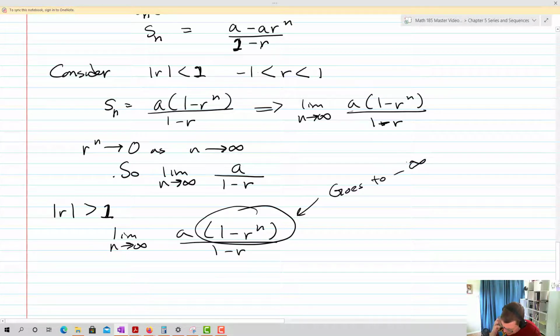So the part on the top is going to go to negative infinity, okay? Part on the bottom is going to be negative as well. So this is actually going to end up being equal to infinity, right? So if the absolute value of r is greater than 1, the series diverges.